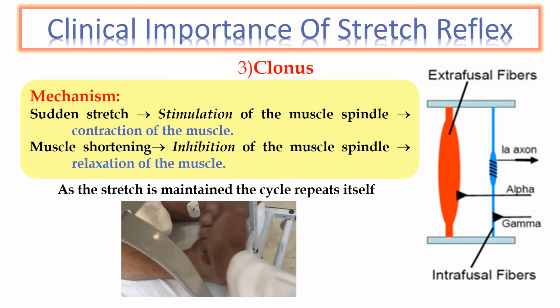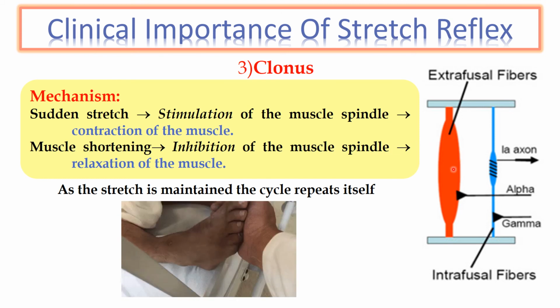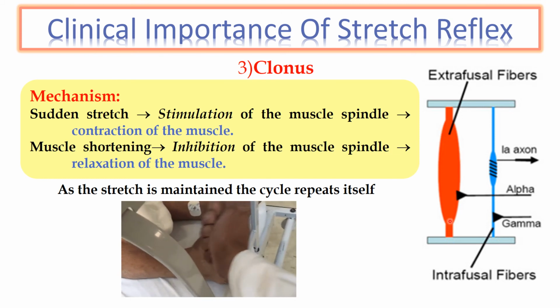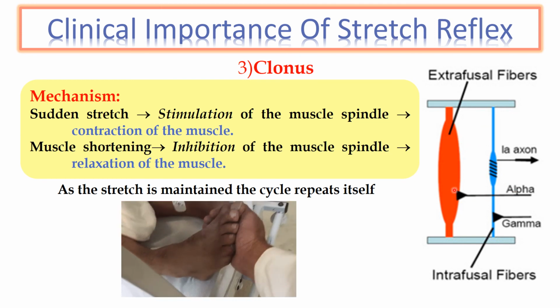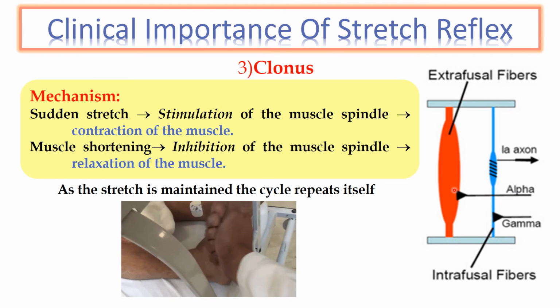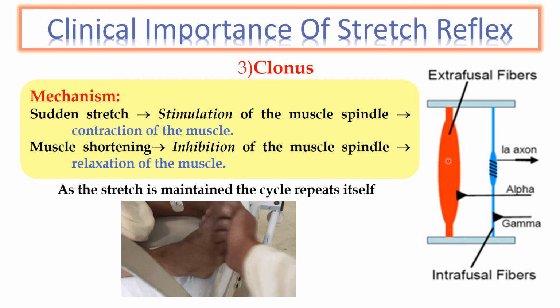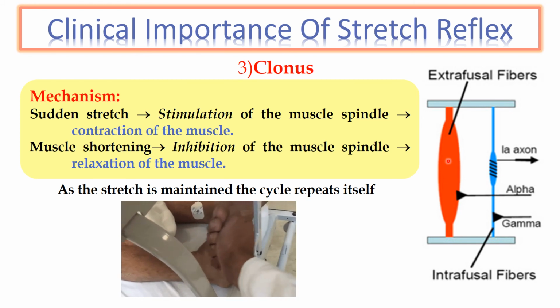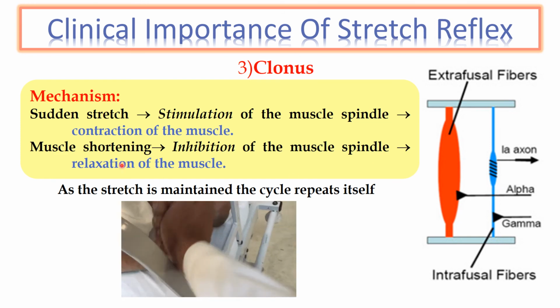When sudden stretching of the muscle occurs, there is stimulation of the muscle spindle, leading to muscle contraction, as we mentioned before. But at the same time, muscle contraction leads to muscle shortening, and with muscle shortening the muscle spindle is inhibited and the stretch reflex stops. So relaxation will occur.